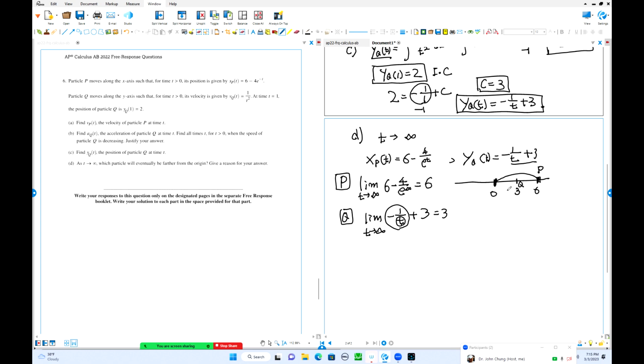You can write a shorter answer over here, because 6 is greater than 3. Particle P is farther from the origin. You can answer this way, okay?